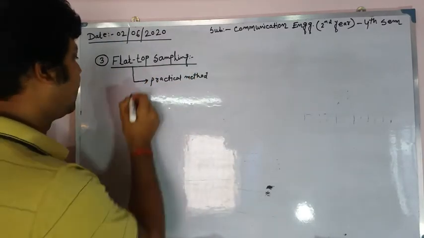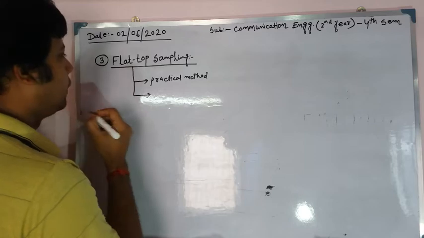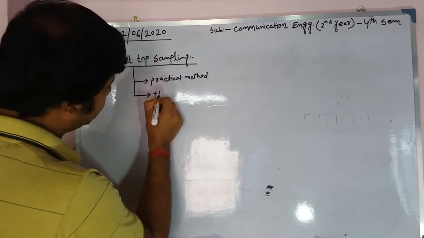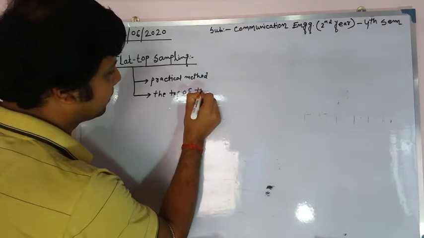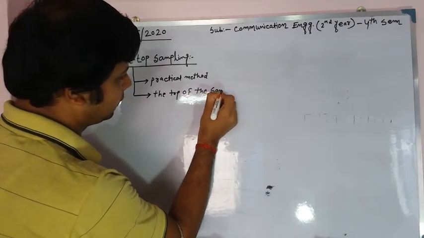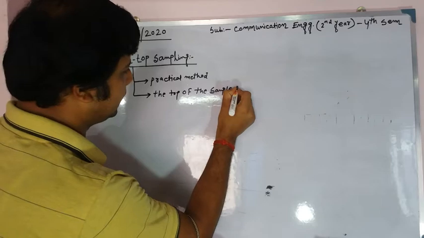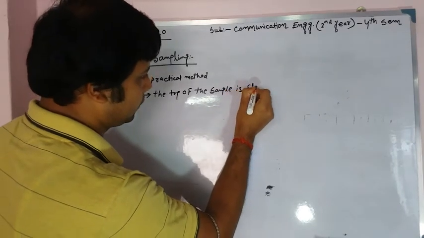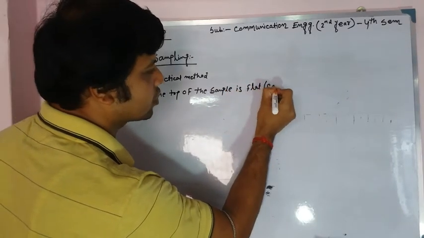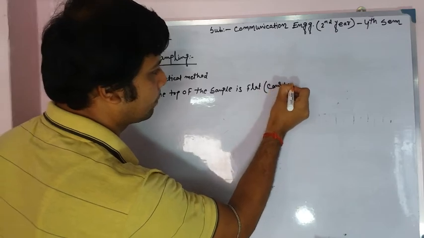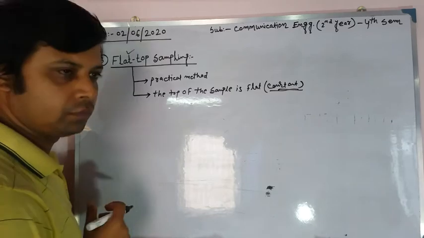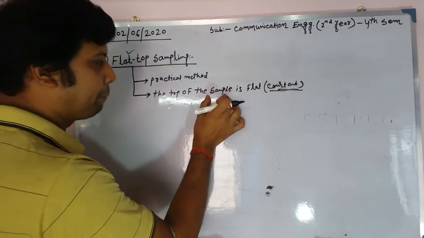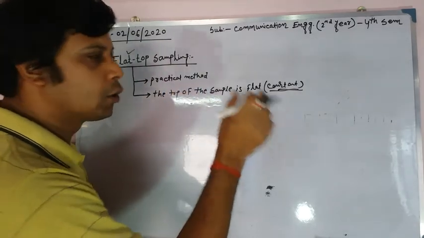The top of the sample is flat. Flat means it is constant. Here the flat means it is the constant pulse, or the top of the sample or top of the pulse is constant.